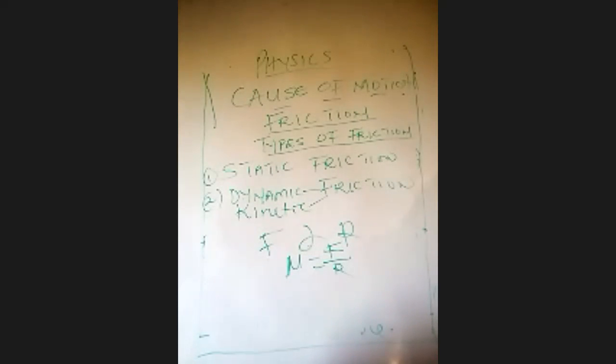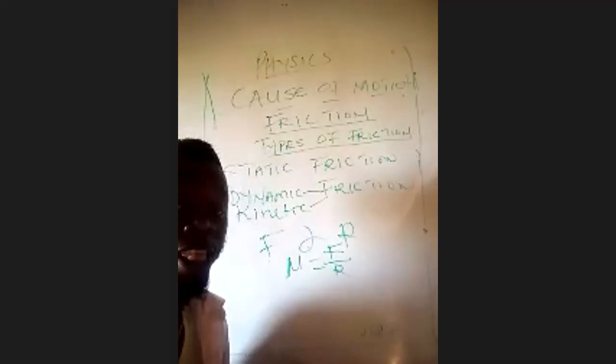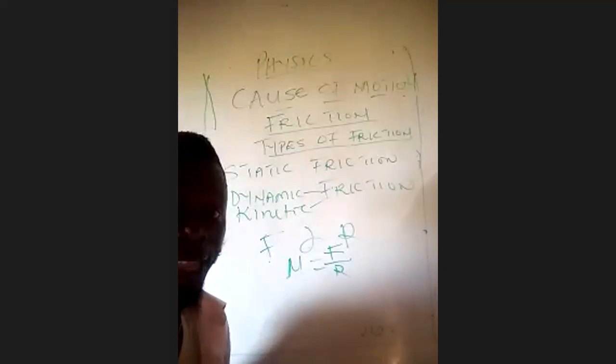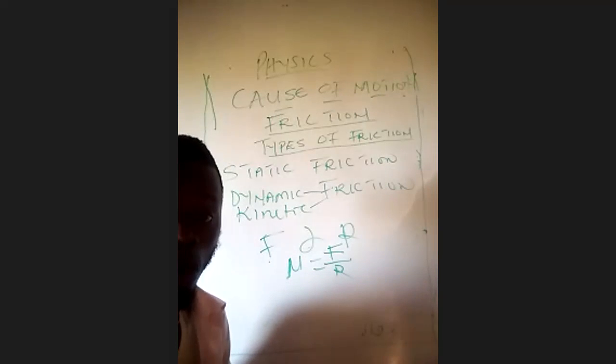Then we look at some calculating aspects of the causes of motion. With that, we can stop the class for now. If I should move on, the time won't permit us, so let's take our next class for a deep calculation on the cause of motion.